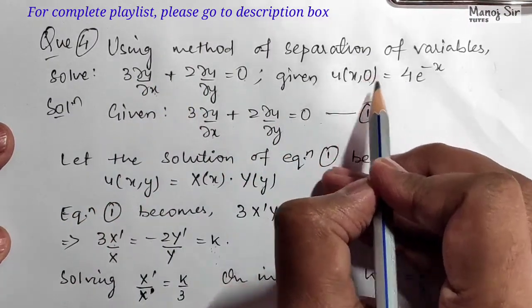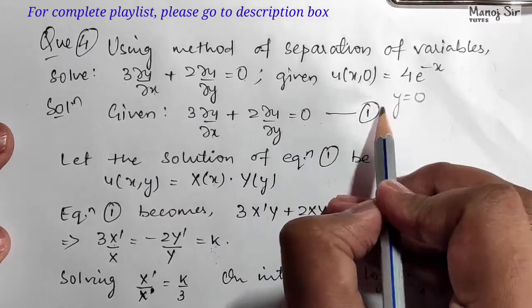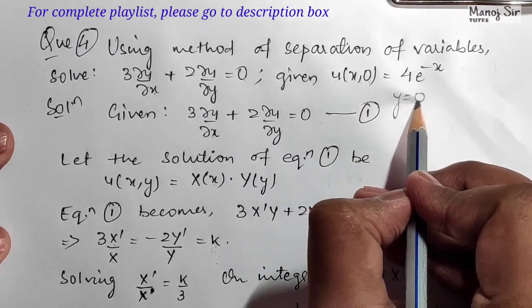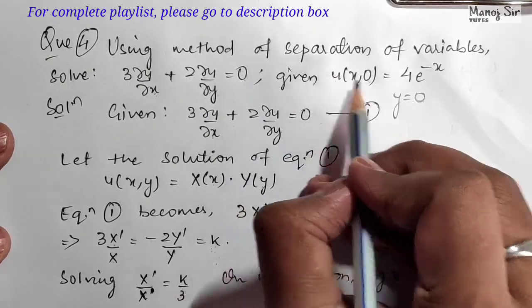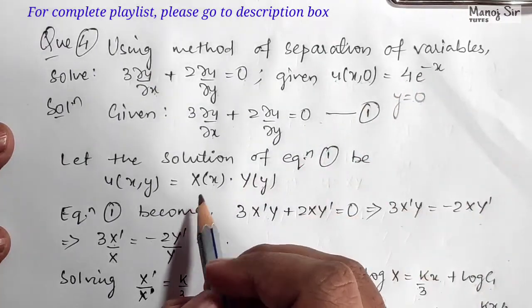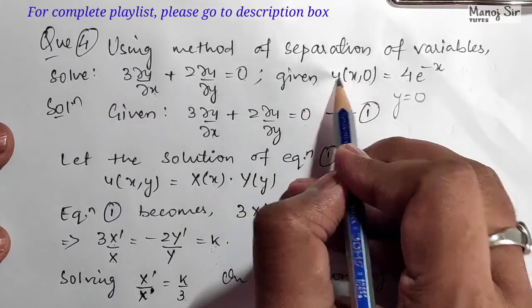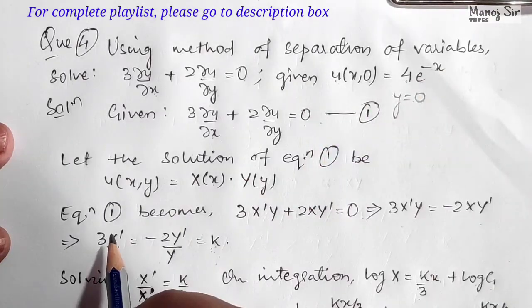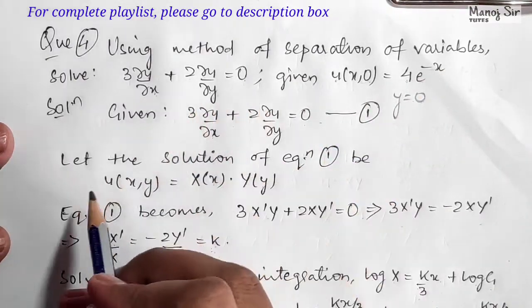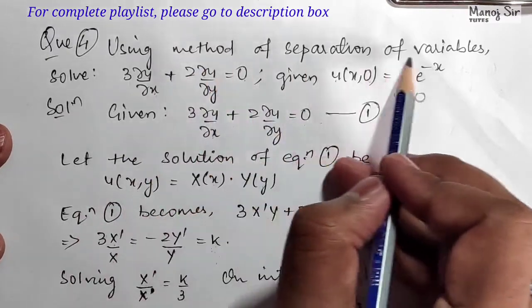Here 0 means the value of y is 0. It means when the value of y is 0, u equals to 4 into e to the power minus x. So we need to find u with the help of method of separation of variables.